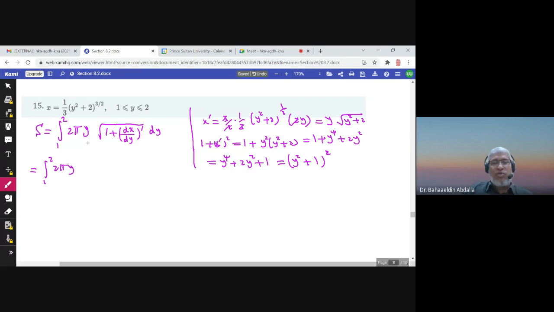Now there is no need to write y as a function of x because the integral is with respect to y, so I keep it as y. And then the square root of 1 plus x prime squared would be the square root of this, and the square root cancels the square, and I'll have y squared plus 1. Now this is an easy integral because y times y squared is y cubed, plus y, dy.